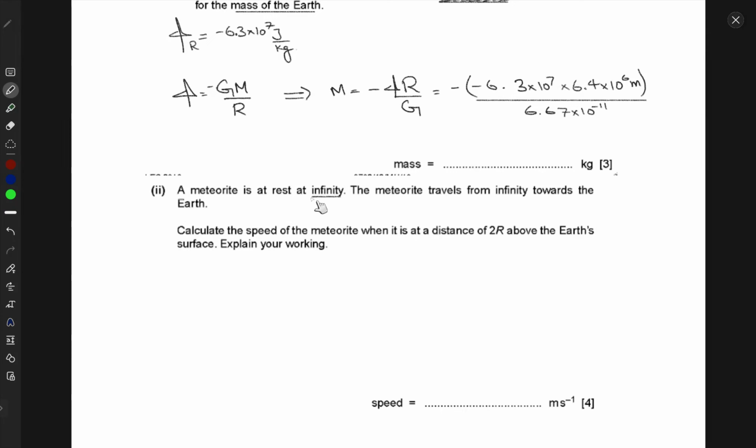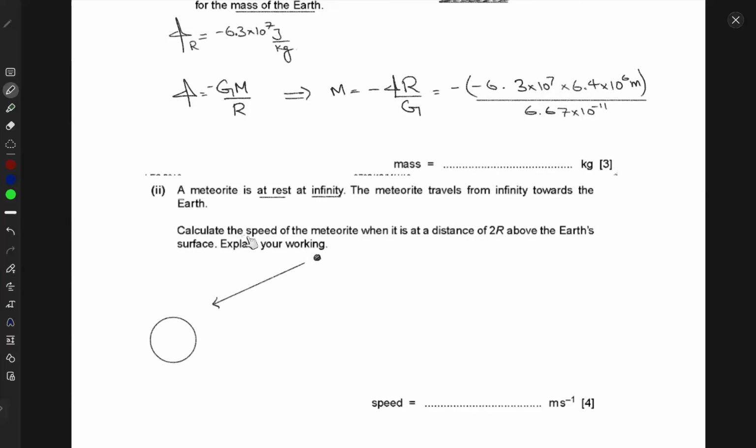And it is at rest means that the velocity of the meteorite is initially 0. Now it's saying that this meteorite travels from infinity towards the Earth. So here we have the Earth, and here is this meteorite. It's very far from the Earth, and initially this is at rest. But after some time, it starts traveling towards the Earth like this.